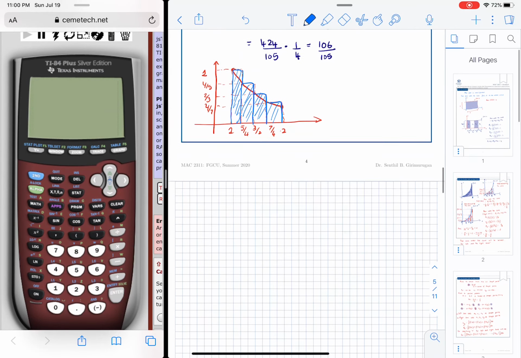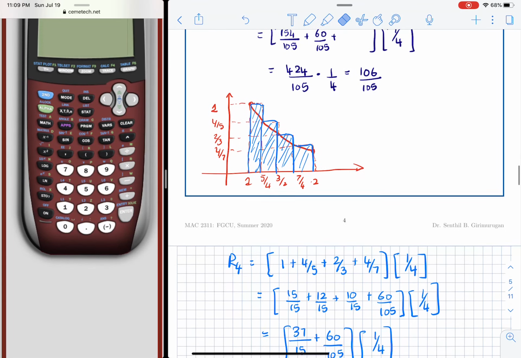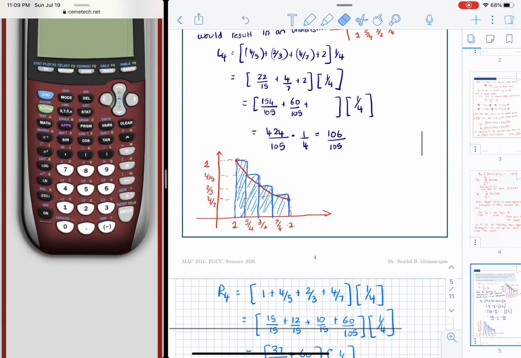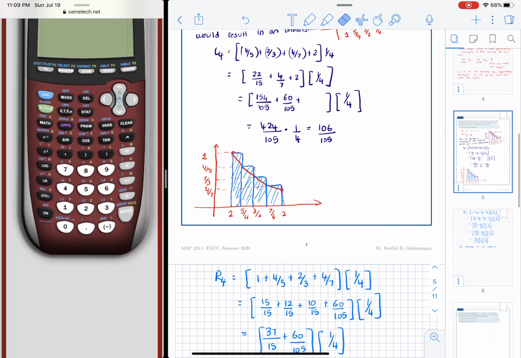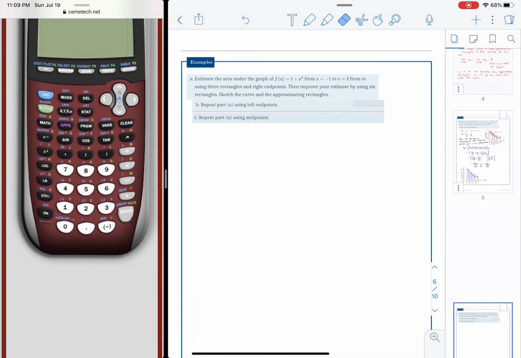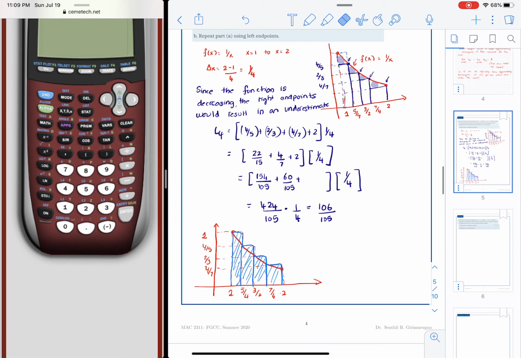So R4 can be found easily using a similar approach. Let me delete this. But before I go to that step, I believe that has to be 1/2.